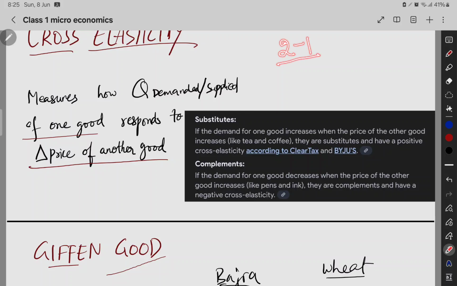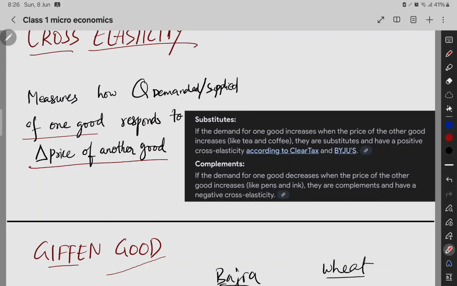Similarly, what happened to the price? The price also increased. Price of what? Coffee. Remember, the numerator is tea and the denominator is coffee. So the price increased from 5 to 10, final minus initial. Both are positive, so it will be positive.